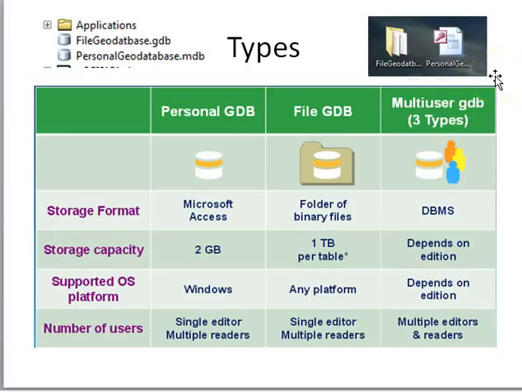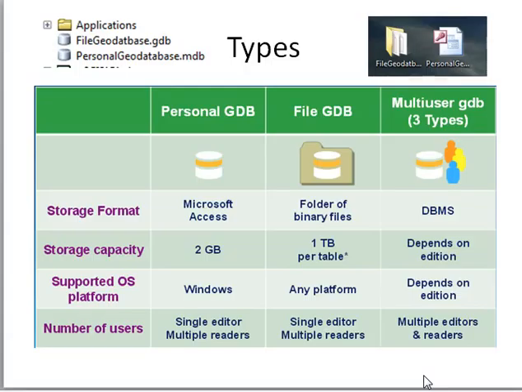The personal geodatabase runs on Access, so it has that little Access icon. And a file geodatabase just looks like a regular folder. So that's one way, if you're opening up your flash drive and looking in your files, that you can tell whether you've worked in a file or personal geodatabase.